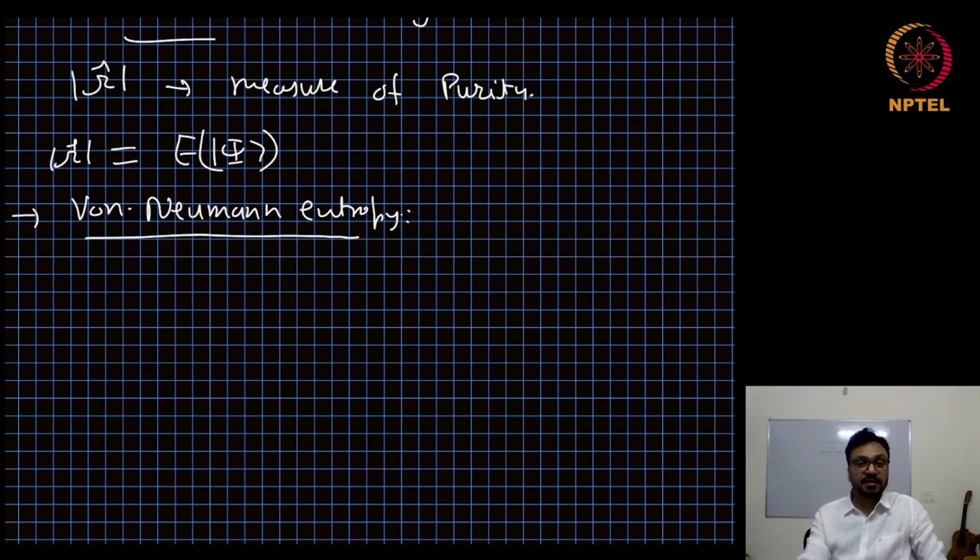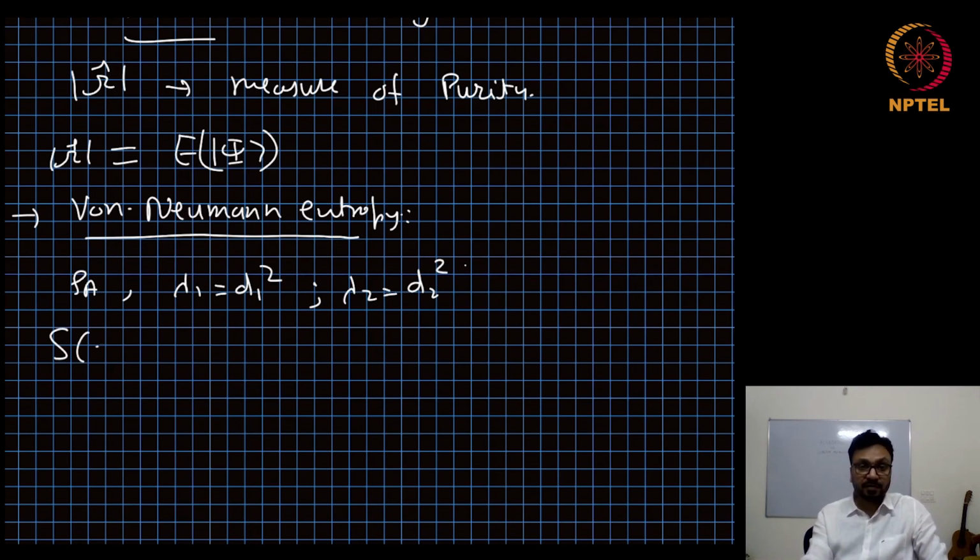That measure is called the Von Neumann entropy. In this measure, we have a reduced density matrix rho A, and let us say its eigenvalues are lambda 1 and lambda 2. Actually, if we look at the Schmidt decomposition, then lambda 1 is d1 square, and lambda 2 is d2 square, and d1 square plus d2 square is 1.